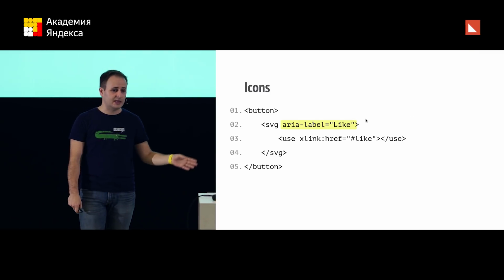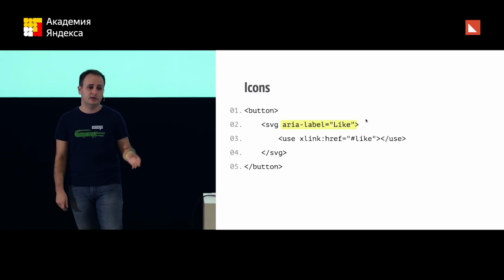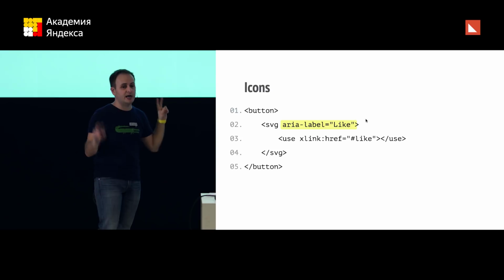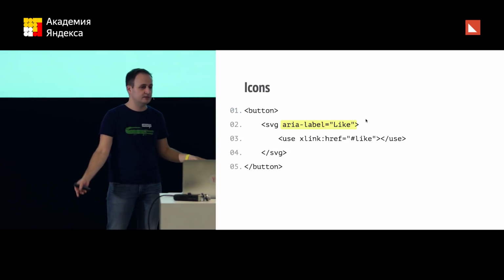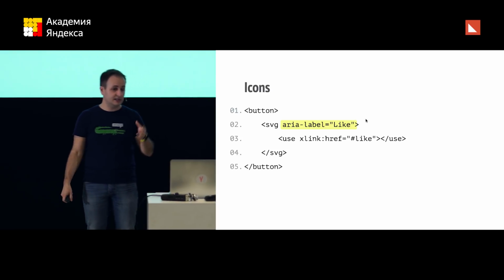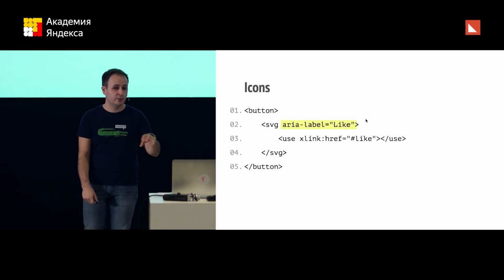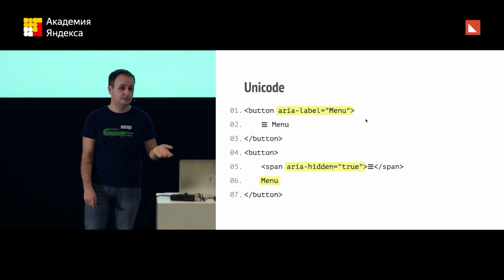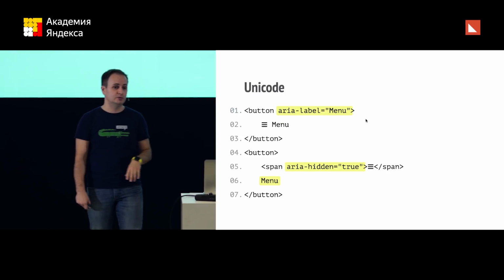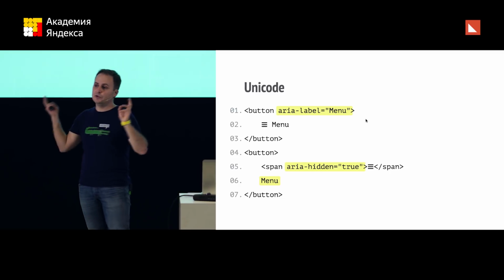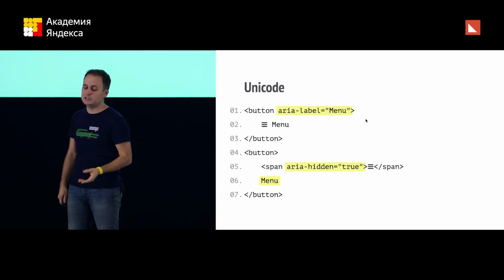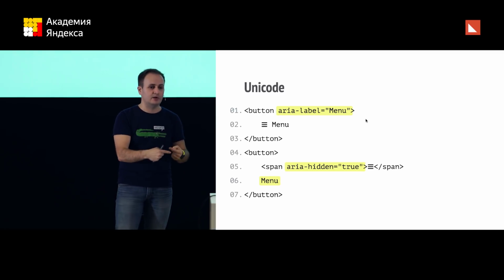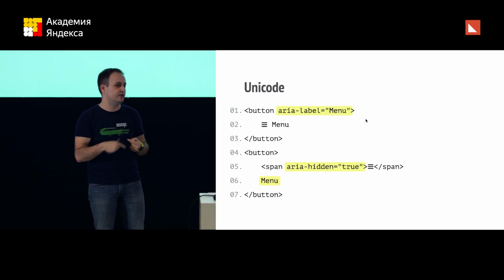You can also label things with special attributes. It's a typical thing in today's interfaces when you have just an SVG icon inside your button, and that's it. There's no text. You can easily label your SVG icons with special aria-label attributes, and it will be read by the screen reader. The same applies to those burger menus. You can also make them much more accessible by hiding them or rewriting the content of the button with aria-label.